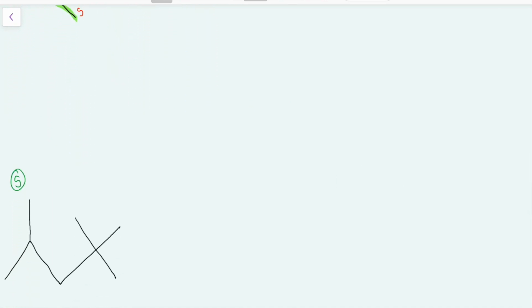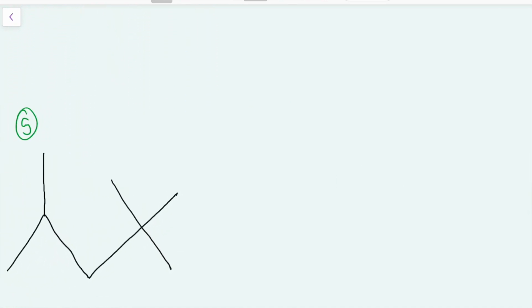Looks like we do have one more down here. This is a little bit better. Starting off again, we want to find that longest chain. You can tell already there's only one possible way, so it's going to be this area right here. And then we've got 3 subunits there.